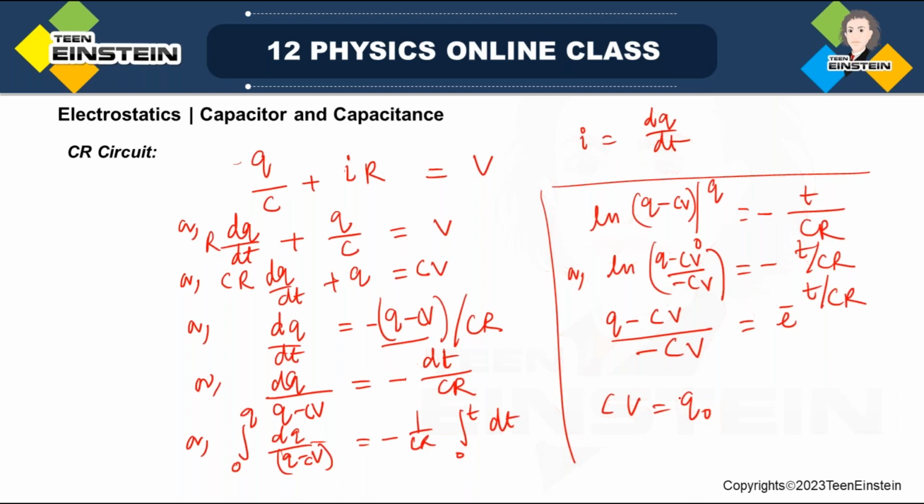So this part can be written as Q minus Q0, divided by minus Q0, equal to e to the power minus t by CR.